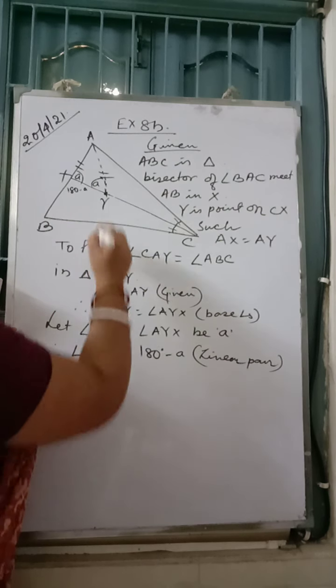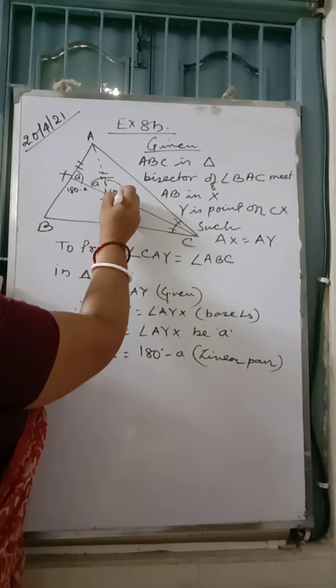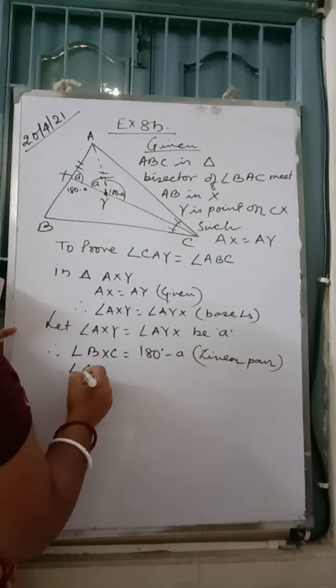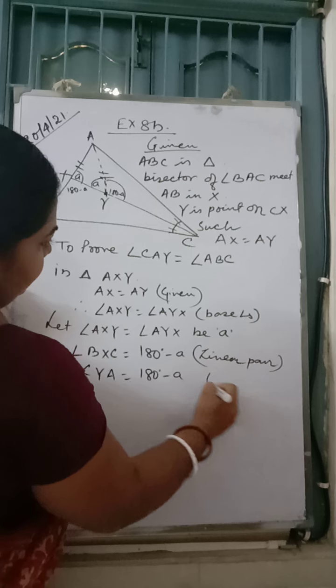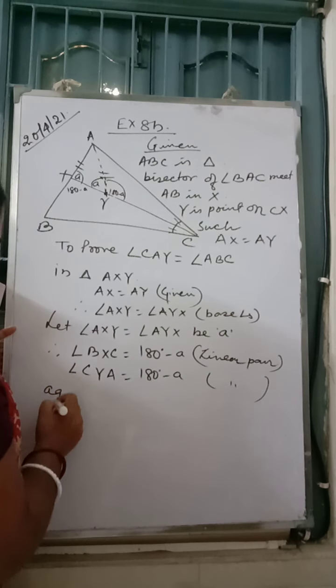And angle CYA is also 180 degrees minus A, linear pair.